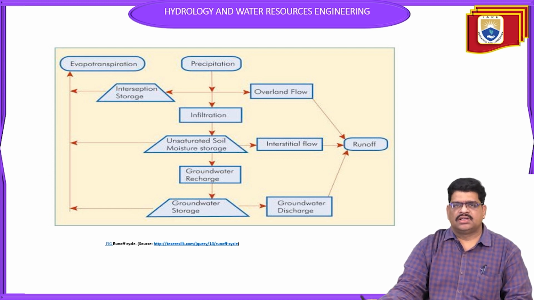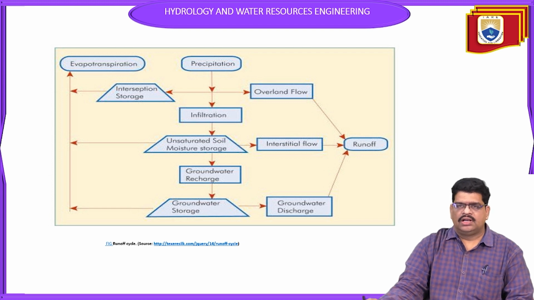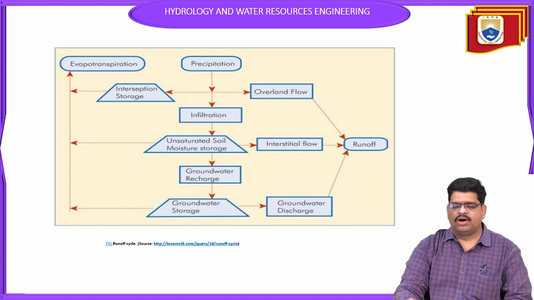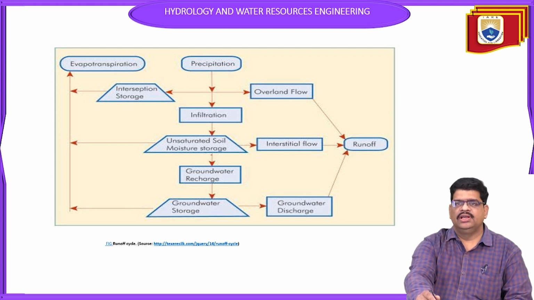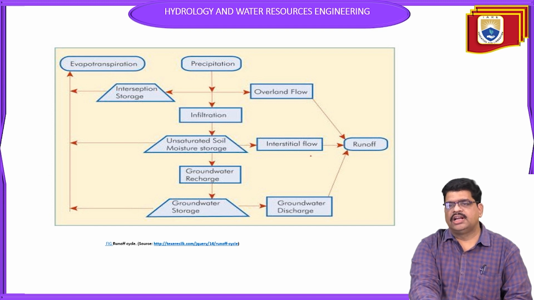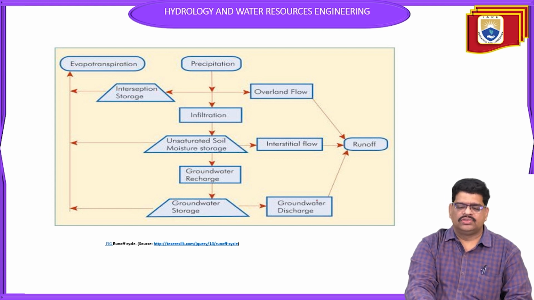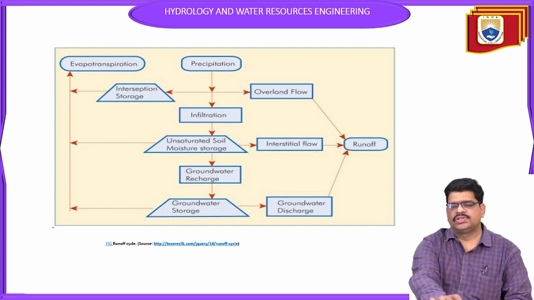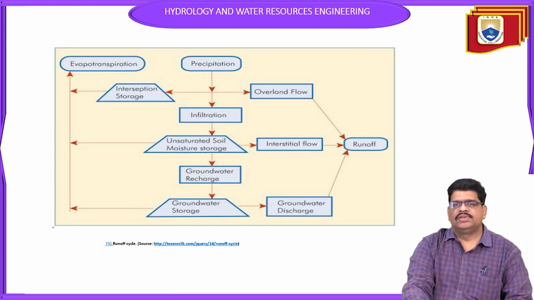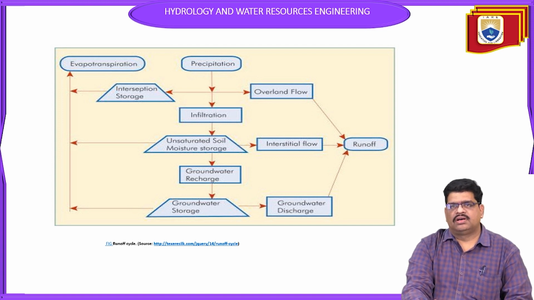Here runoff is also formed: precipitation to infiltration to unsaturated soil to the initial flow to runoff, and also groundwater recharge, which enters the groundwater and is stored, then groundwater discharges to runoff. Evaporation is continuous in the process. This is also one of the cyclic processes of runoff.